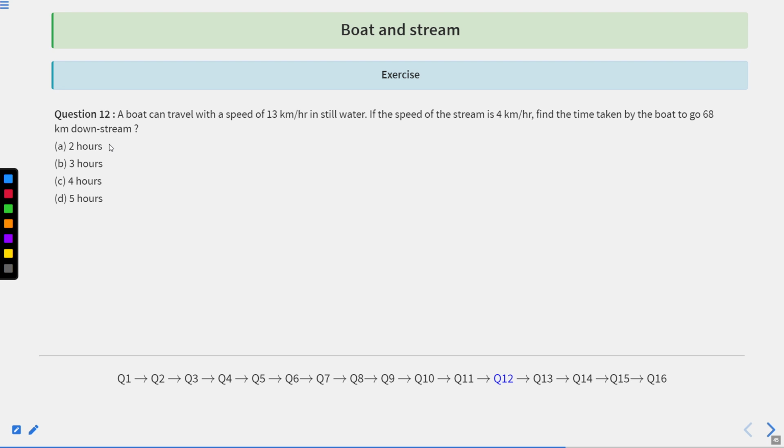Moving on to problem number 12. A boat can travel with speed of 13 km per hour in still water. If the speed of stream is 4 km per hour, find the time taken by the boat to go 68 km downstream.